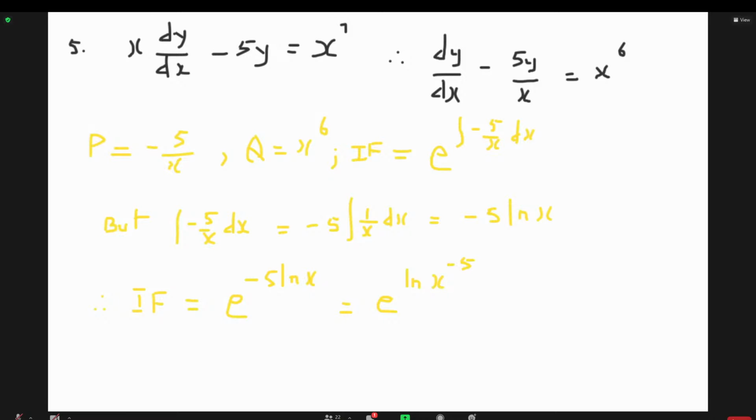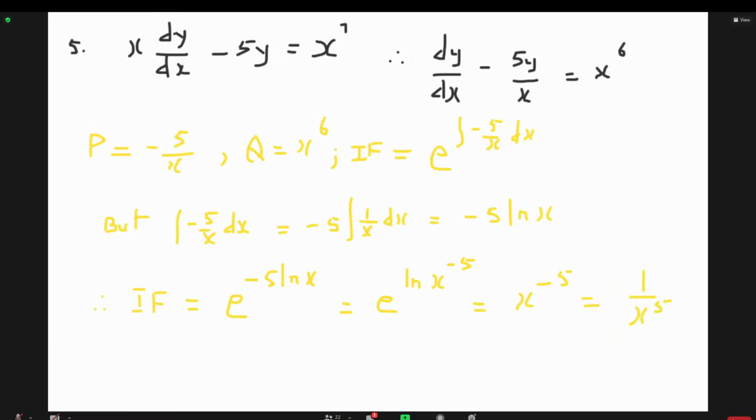Right? Sorry, the minus 5 goes as a power. Now the e and the ln can cancel. You could not cancel this e and this ln here if the minus 5 were in front. So then this is equal to x to the minus 5. And that is your integrating factor. If you want, 1 over x to the power of 5.